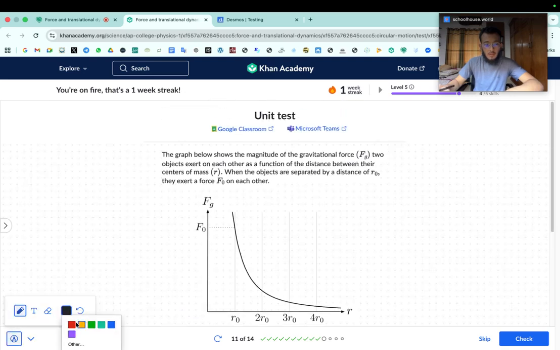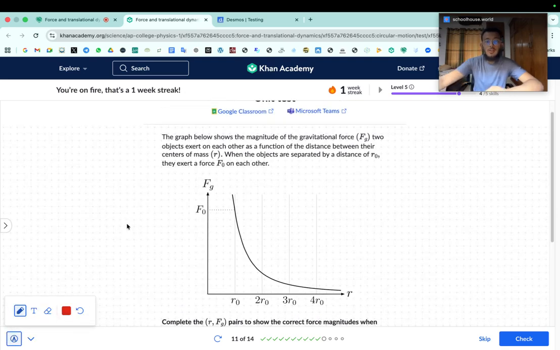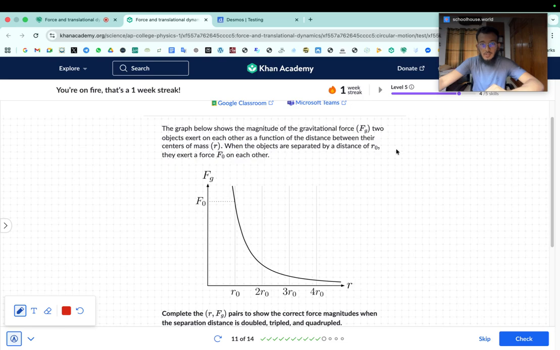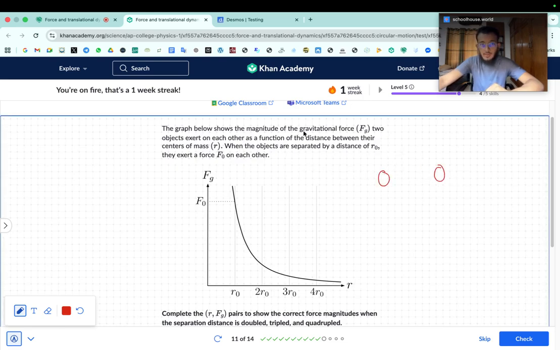Okay, moving on. The graph below shows the magnitude of gravitational force Fg that two objects exert on each other as a function of the distance between their centers. As you can see, as the distance r increases, Fg decreases.